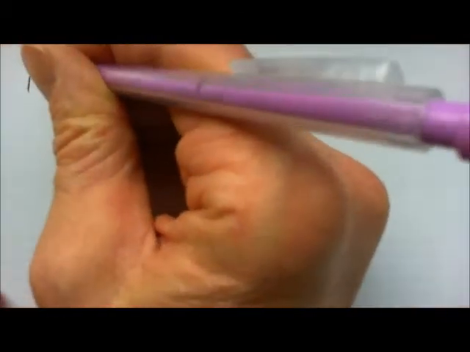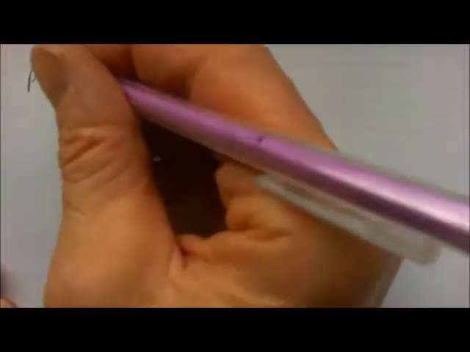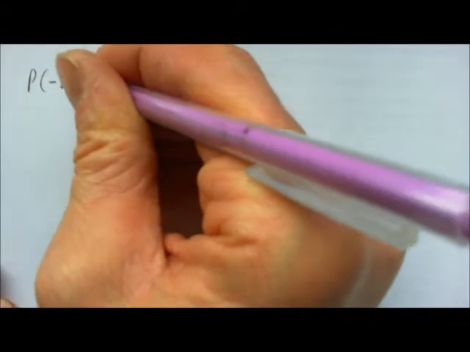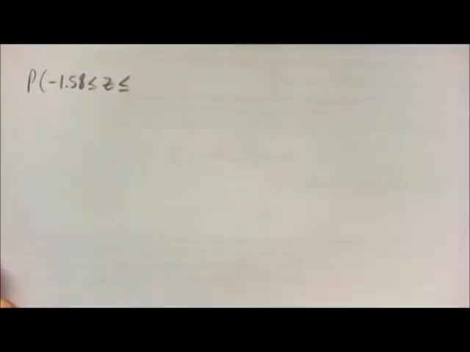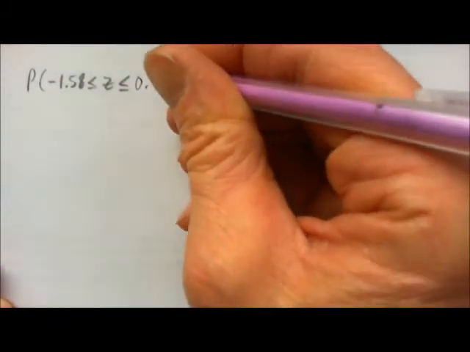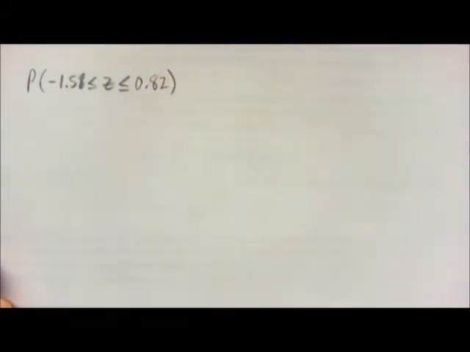Let's suppose we want to find the probability that z is between negative 1.58, that is, negative 1.58 is less than or equal to z, less than or equal to 0.82. Okay, so let's do this with the picture first, and then we'll do it using the formula.